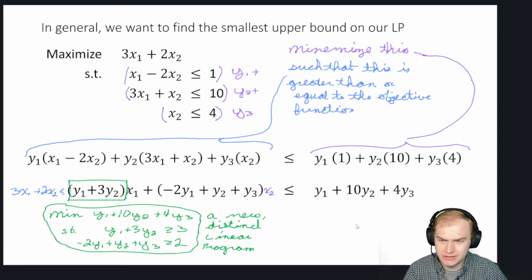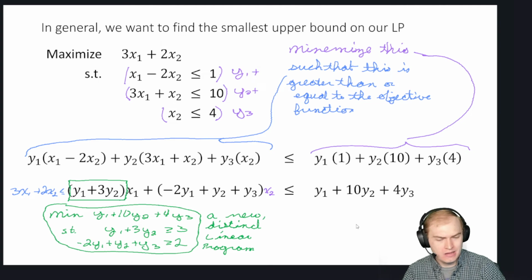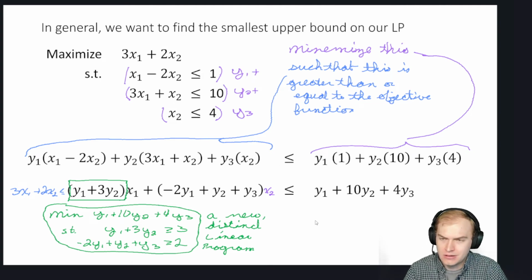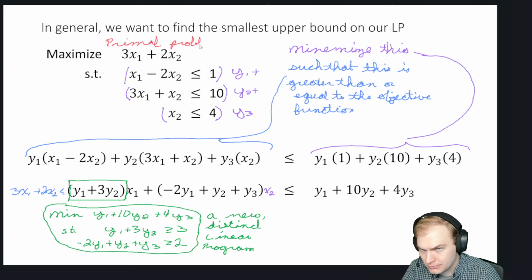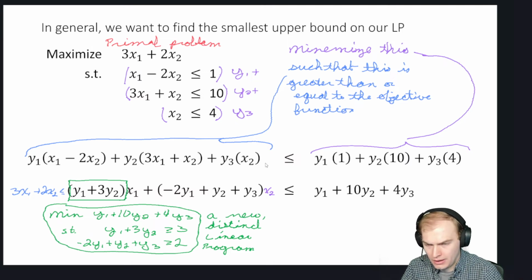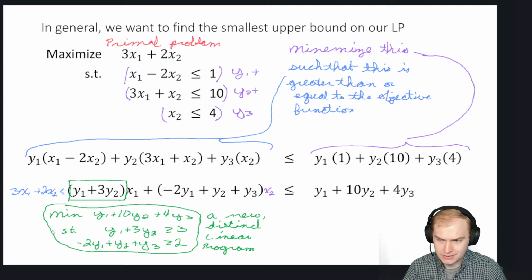So let's generalize this a little bit more. Actually, before we go there, we call the original LP the primal problem, and we call this upper bounding problem the dual.